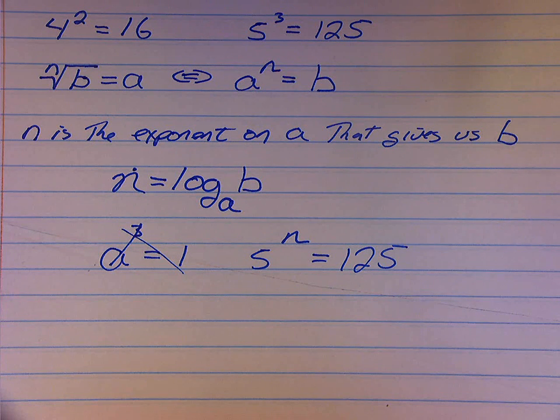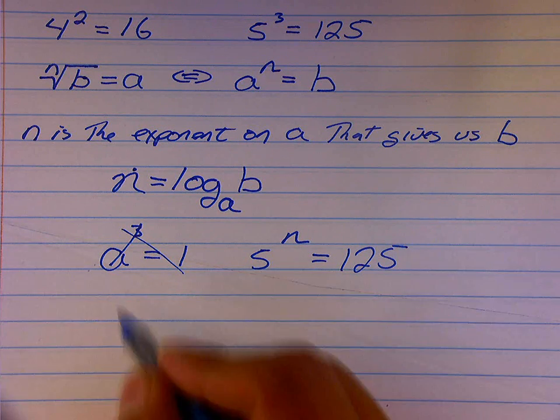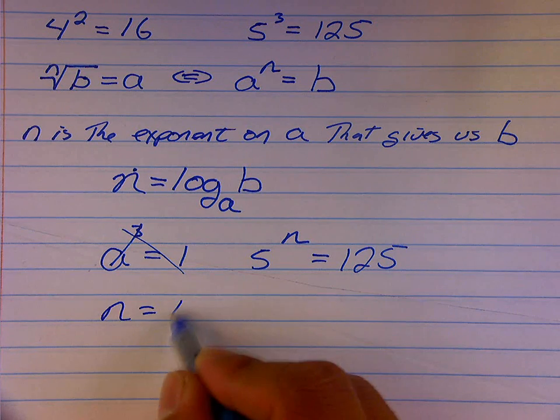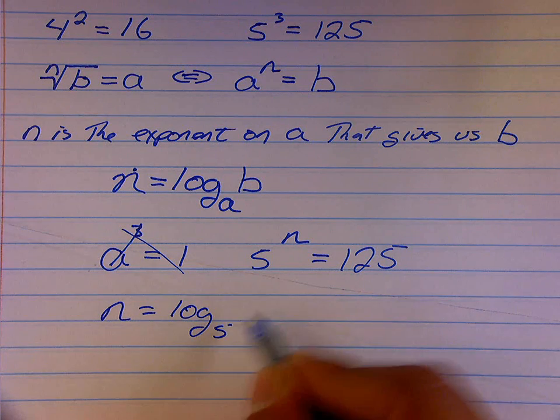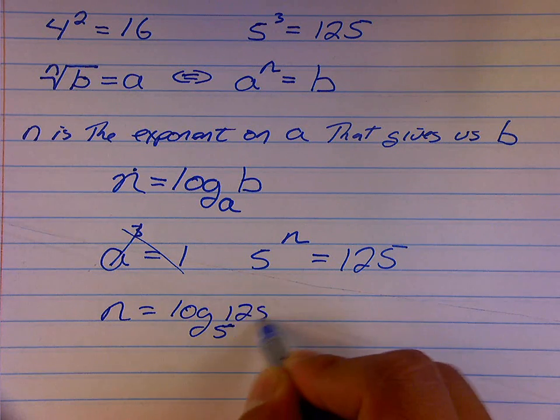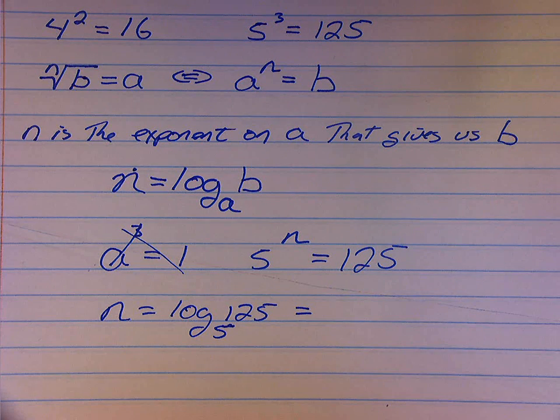So 5 to the n equals 125. I would like to now change the focus of this onto the exponent n. So before we've had exponent form and radical form to change our focus. Now we're going to talk about logarithmic form. n is the exponent I put on the 5 to get the value 125.